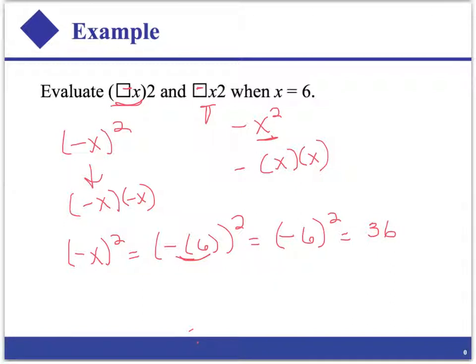And then on the second one, if I say negative x squared, I'm simply plugging in negative times 6 squared, so negative times 36 now becomes negative 36. So those are two entirely different answers and different ways to work them.